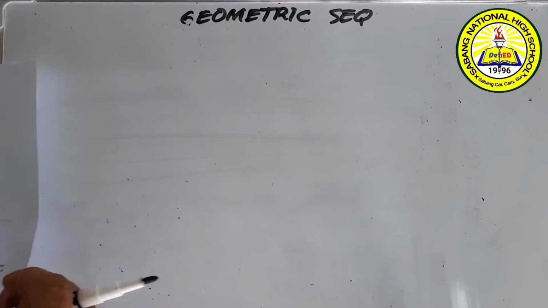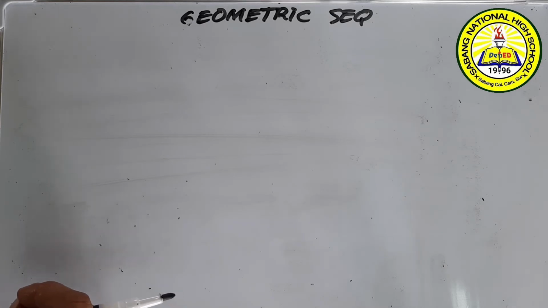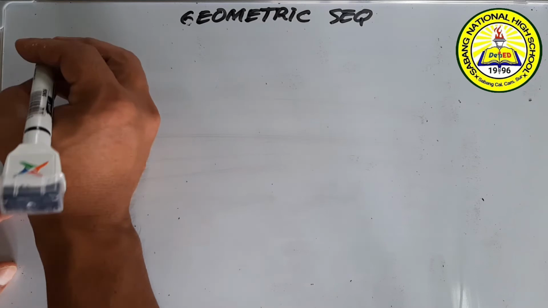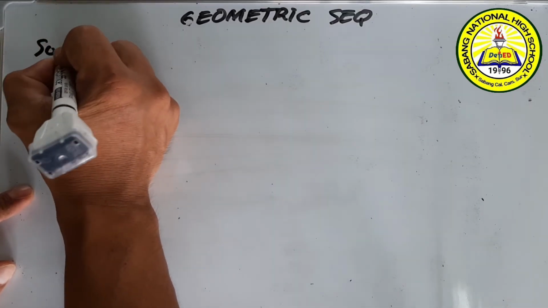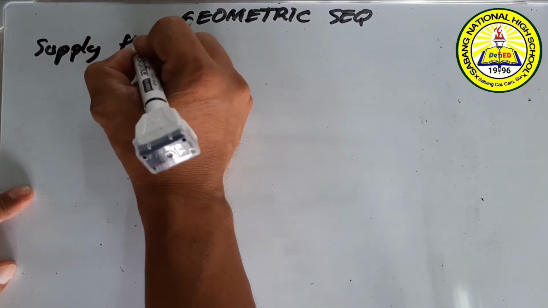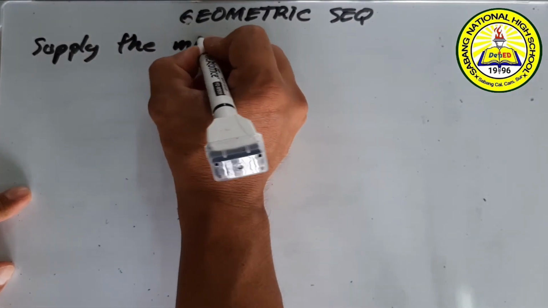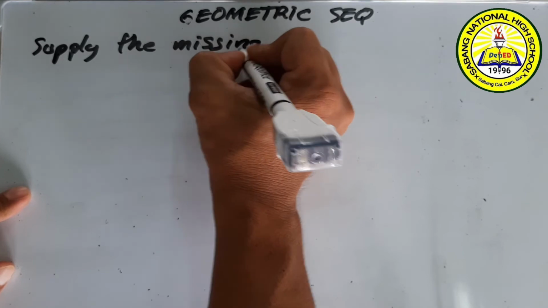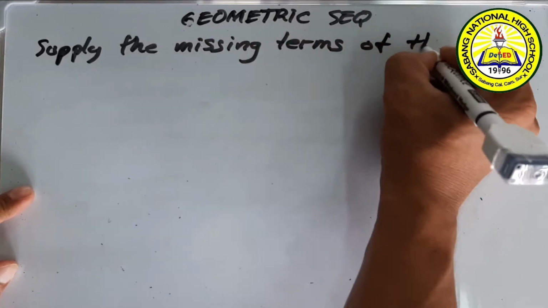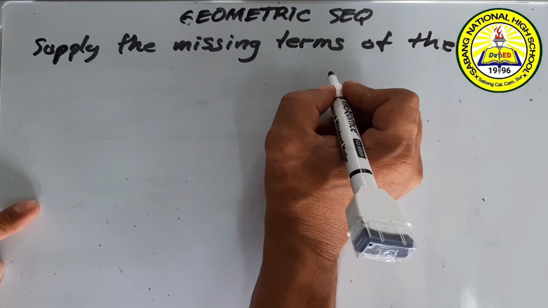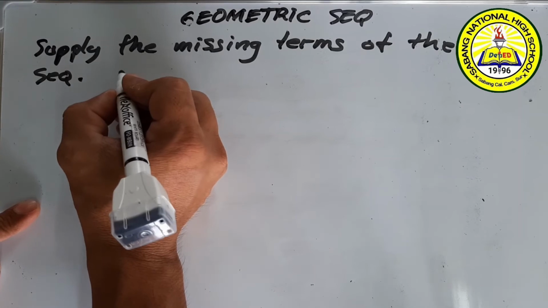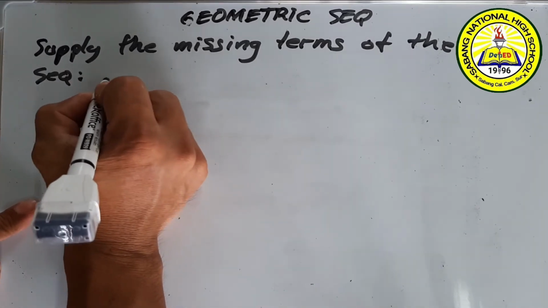On page 7 of your module, example number 3: supply the missing terms of the sequence.